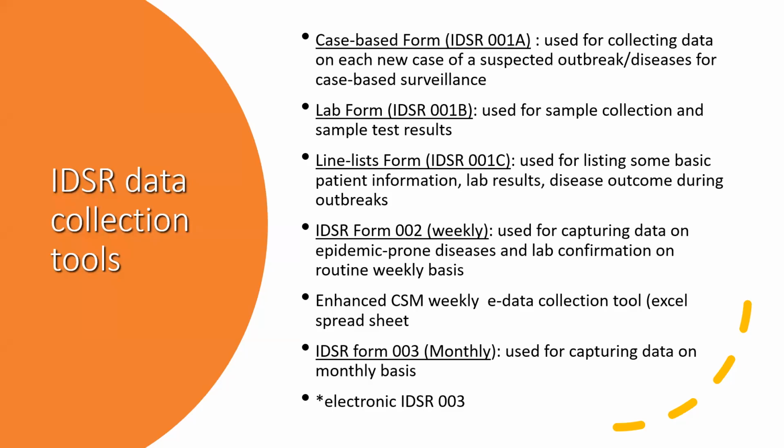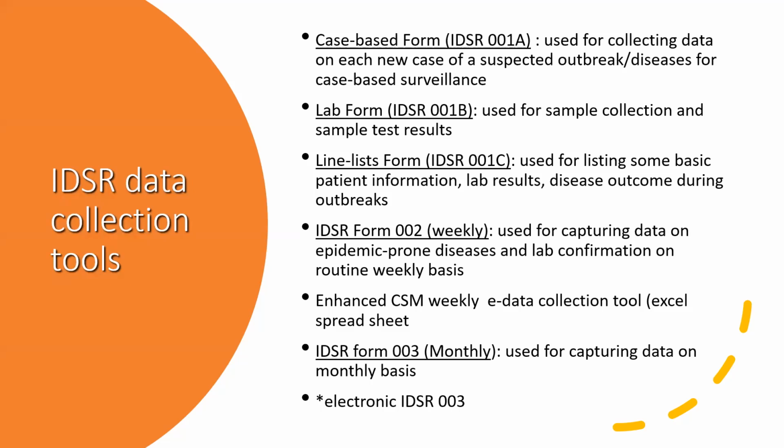What type of form is A, B, and C? So A is for collecting data on each new case of a disease that is suspected to be a disease that can be an outbreak or epidemic or pandemic. From 001, individual single cases.